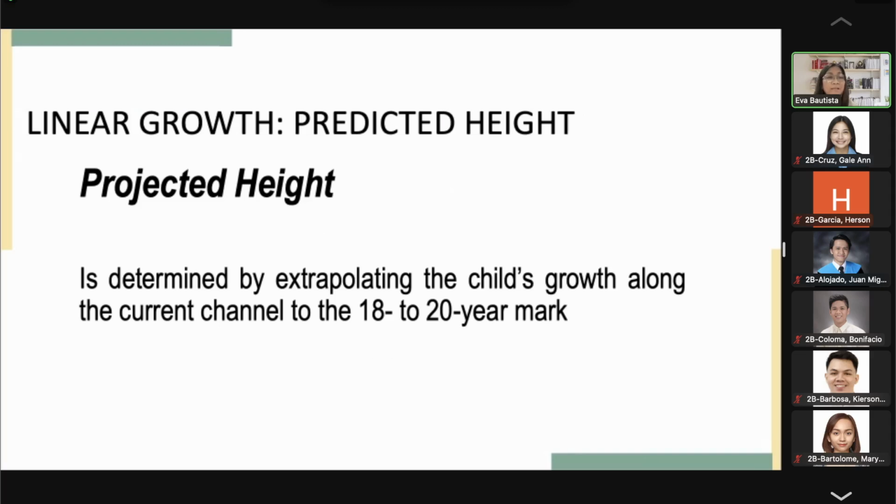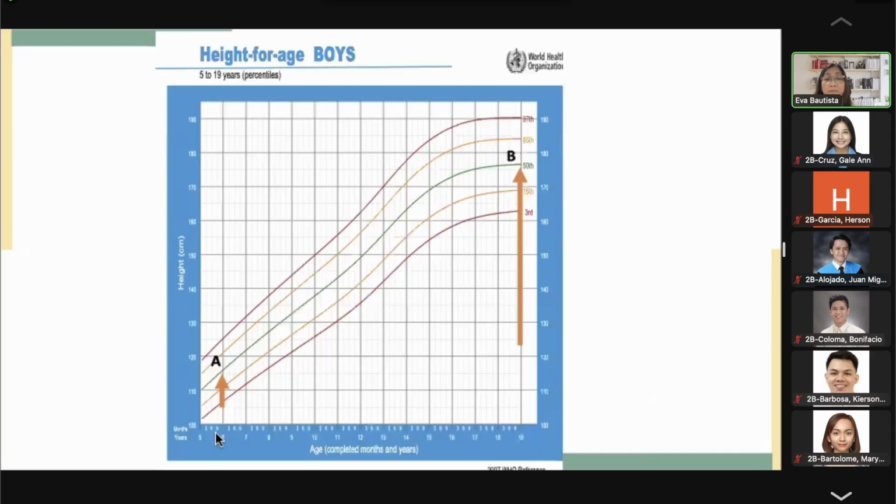So to better explain that, let us look here at a child. Let us say the child is 6 years of age. And we plotted the height of the child at 6 years of age to fall at 50th percentile. So this is the height of the 6 years old, 115 centimeters. How do we project the height?